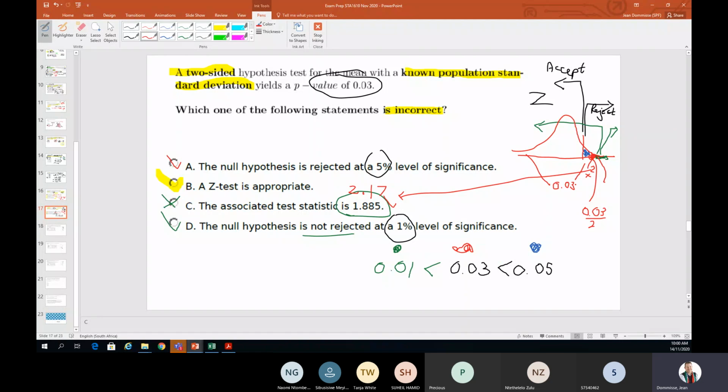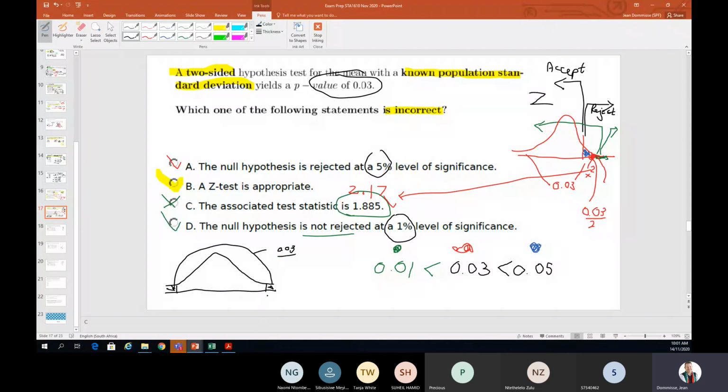It should have been, and let's do that. So two-tail, that part is my p-value. So the two of them together is 0,03.